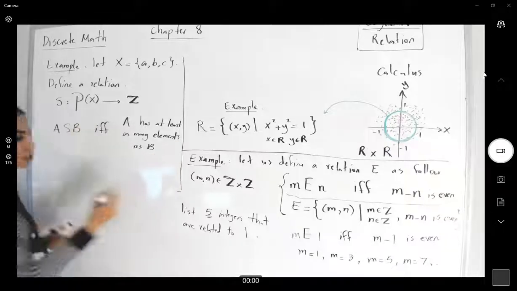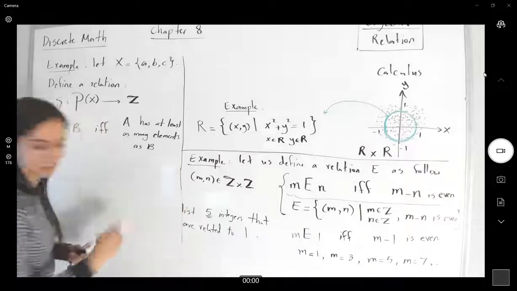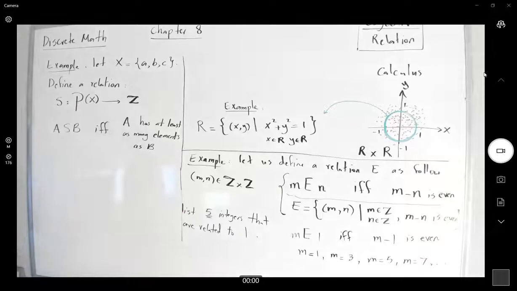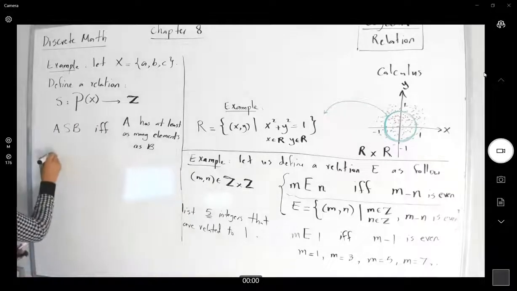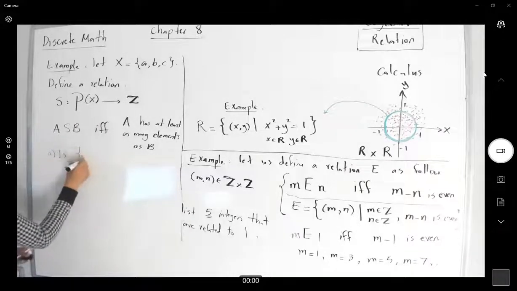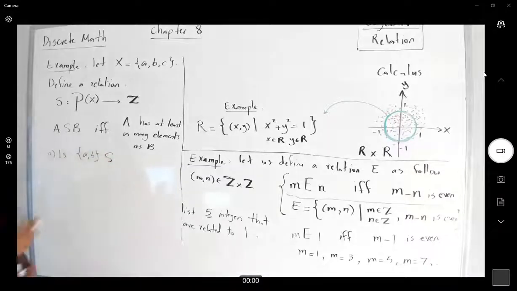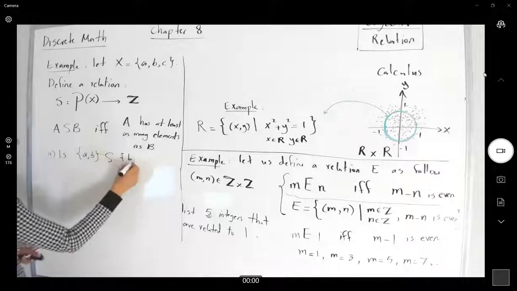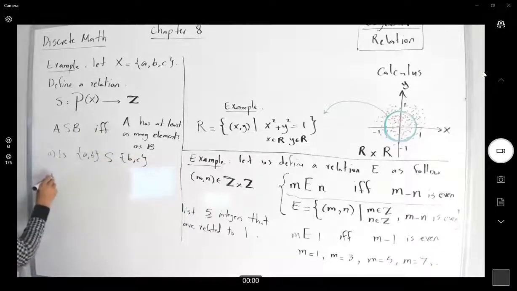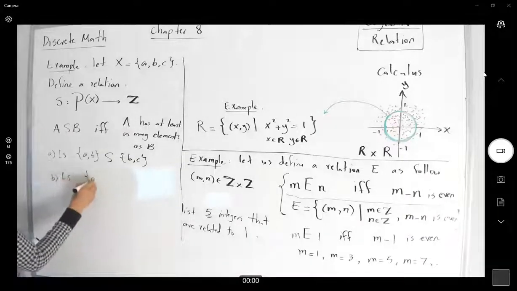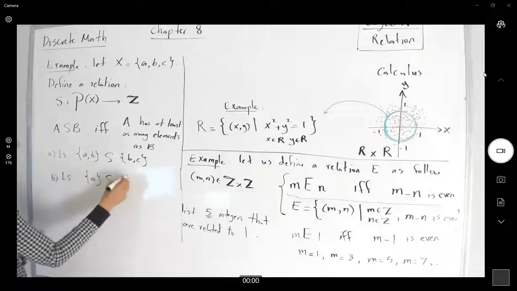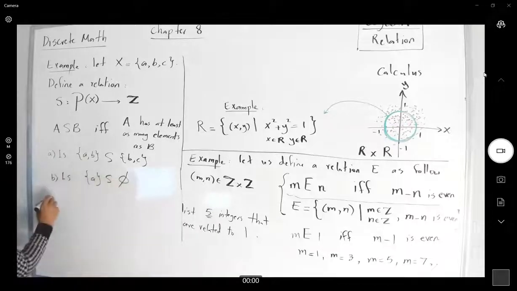Now the question says, well, is the set including A and B related to the set including B and C? Is the set including A in relation with the empty set?